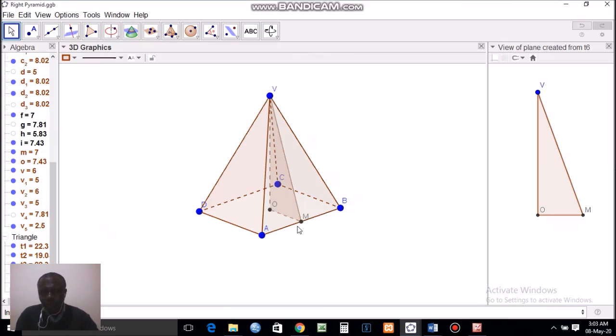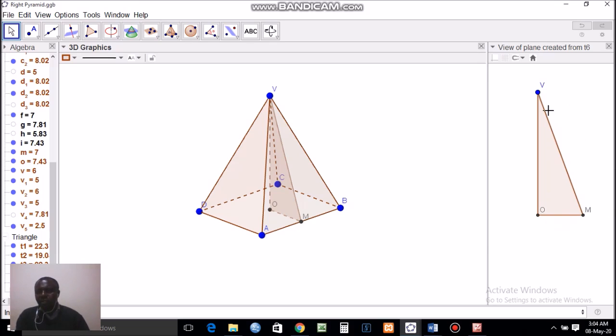Next, we would like to look at the angle between VM and MO. Once again, we pick the plane figure on which VM and MO lie. So VM and MO are sides of triangle VMO. So we will extract and draw triangle VMO. And so we want the angle between VM and MO.